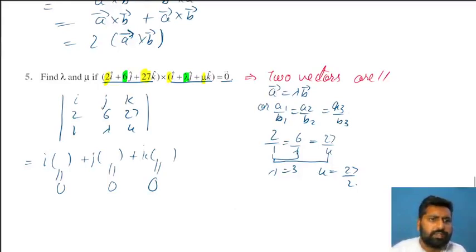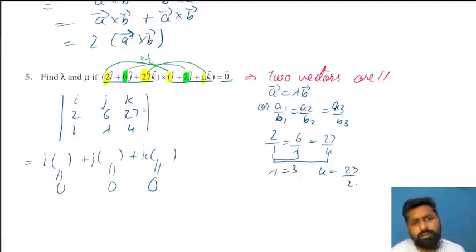Just look at this: 2 is getting 1, meaning you have multiplied by half. So all the factors should be multiplied by half. 6 should be multiplied by half, 27 should also be multiplied by half. That's the meaning of A equals lambda times B vector. Lambda is your multiplying factor, so 1 by 2 is your multiplying factor. So directly you can get the value of lambda and mu without even writing anything.